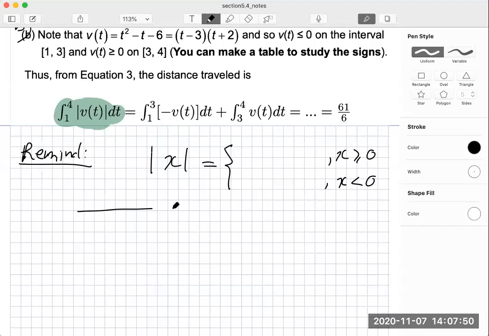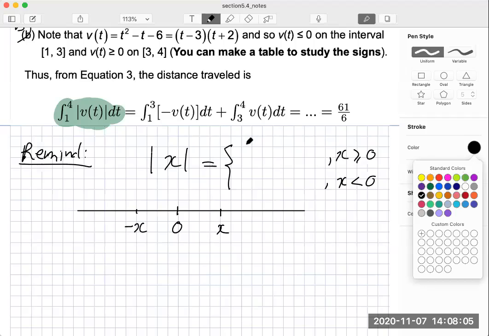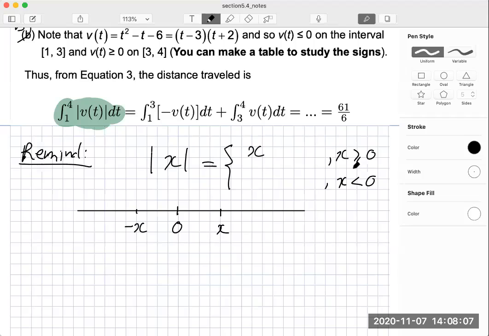Can you tell me? Absolute value of x? It's going to be x for all x greater than 0 and -x for all x less than 0. Perfect. Very good, Daniel.